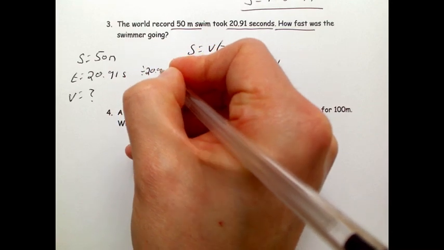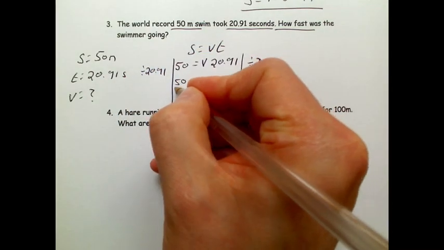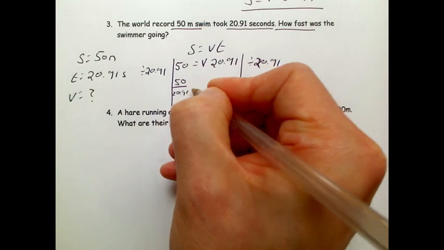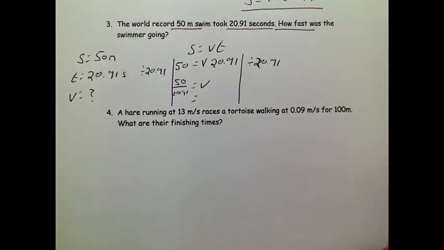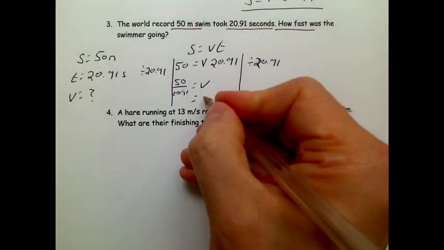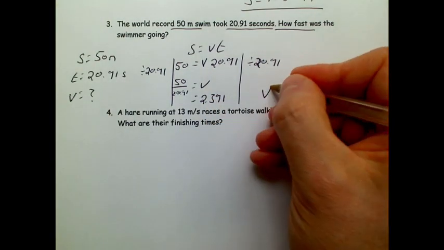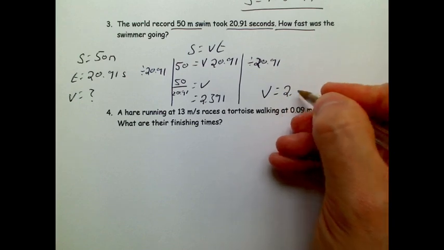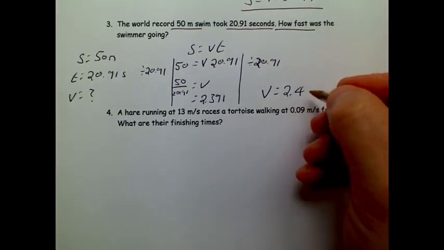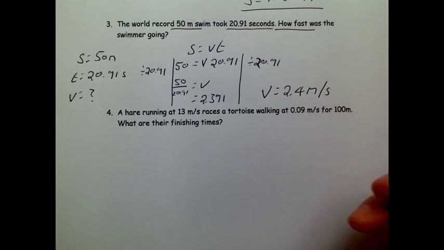So divide by 20.91 there. So 50 over 20.91 equals V. If I type that into a calculator, I get 2.391. So my speed is 2.4 to 1 decimal place meters per second.